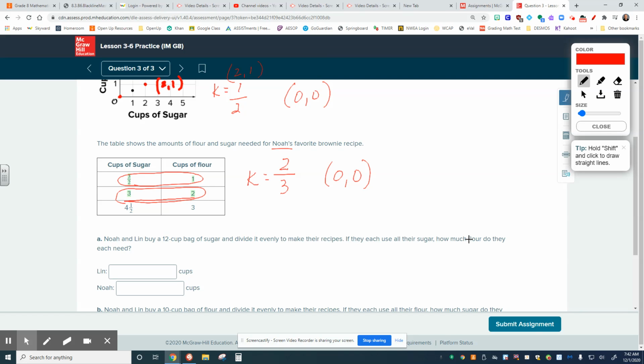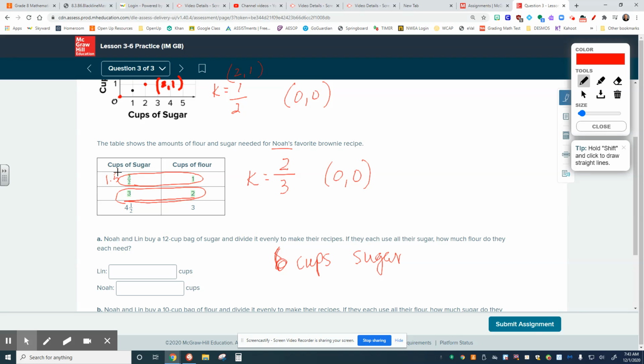Well, think about this case that they divided it evenly. That means that each person got 6 cups of sugar. So how much will each of them need? What we need to be able to look at then is, if we were to continue this graph right here for Noah, we have 3 halves, which I'm going to change to 1.5.